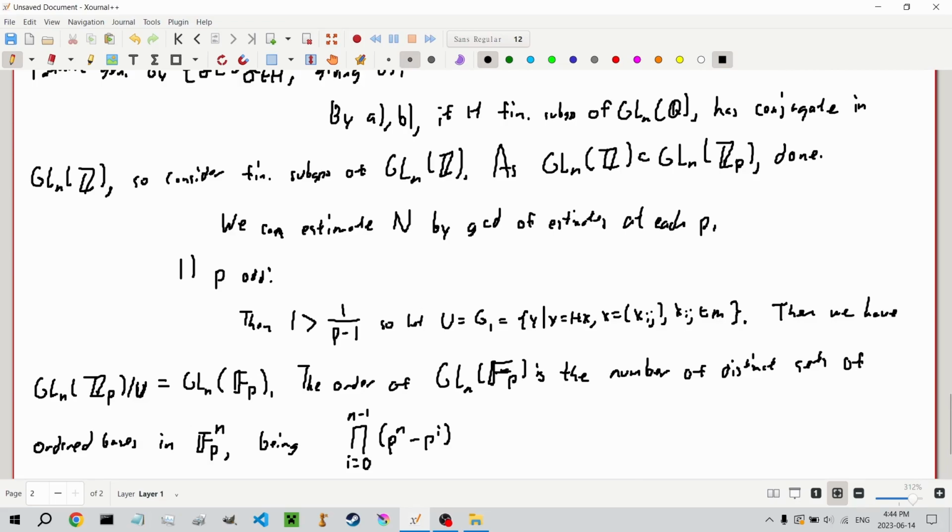So it's p^n minus 1 times p^n minus p times p^n minus p squared, and so on.